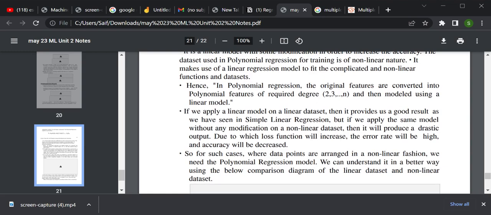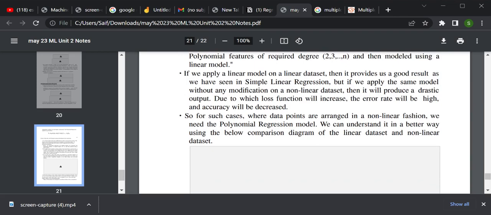If we apply a linear model on a linear dataset, it provides us a good result, as we have seen in simple linear regression. But if we apply the same model without any modification on a non-linear dataset, it will produce a drastic output. So this was an error, and we have found the solution in polynomial regression.